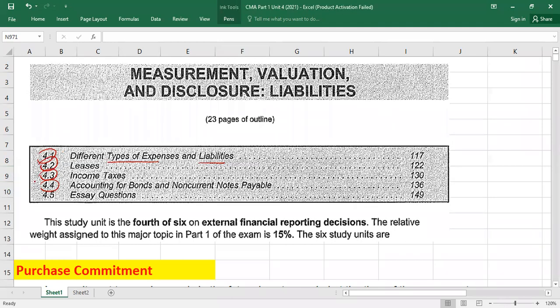So today we are going to cover what? Accounting for bonds. This is the most common topic, which is also highly testable in your exam.